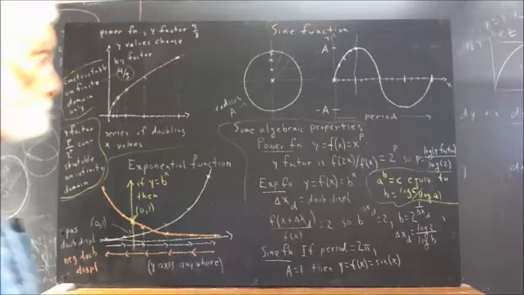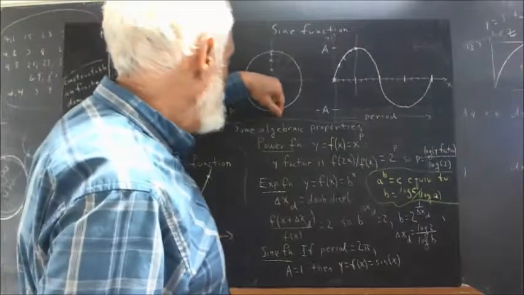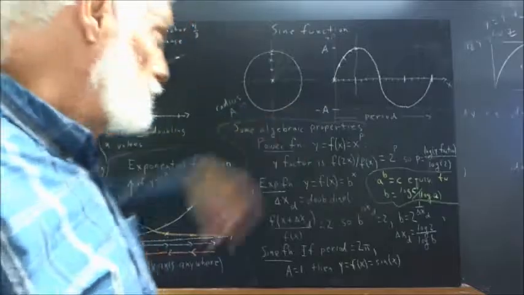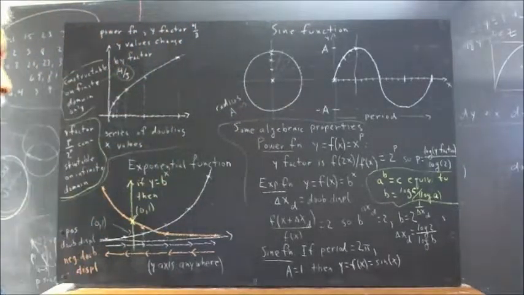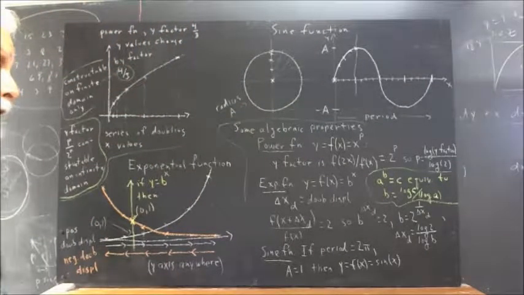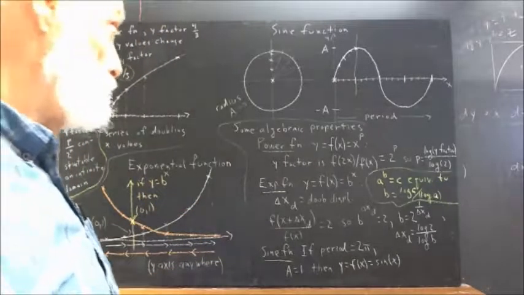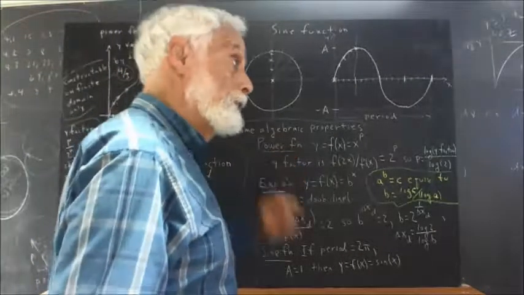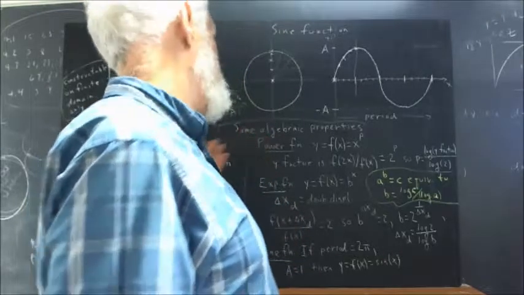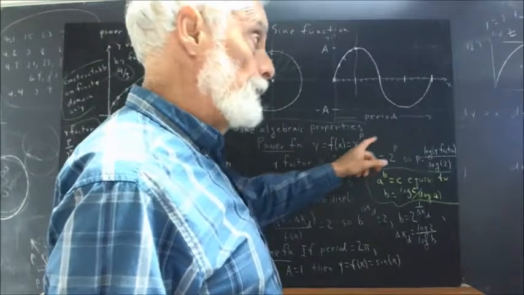That can come later. Okay, well, we want to now look at some algebraic properties that are closely related to the geometric properties in ways we do want to explore in the course, and we did try to explore in the course. A power function has the form y equals f of x equals x to the p.